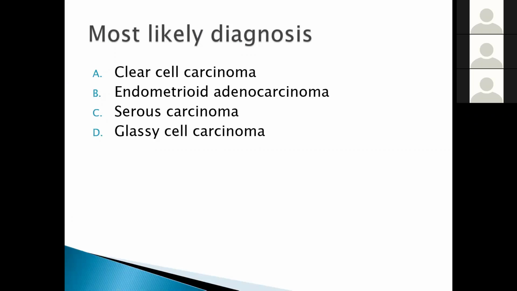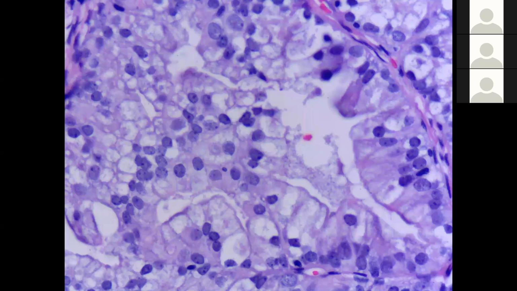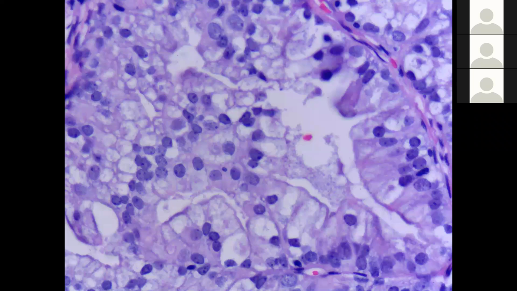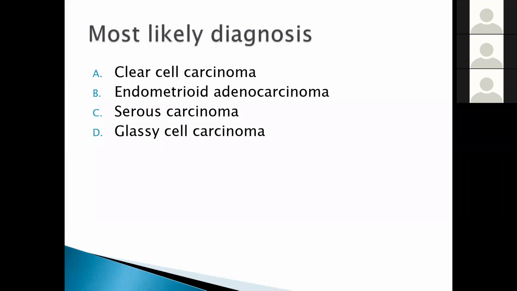B is correct. What I'm trying to get at is that clear cell carcinoma would not be an option here because the cells are very monotonous looking with low grade cytology. Serous carcinoma, which also can have clear cytoplasm, is also not an option, because the cytology doesn't get to high grade. So you're left with endometrioid, and endometrioid can do this.